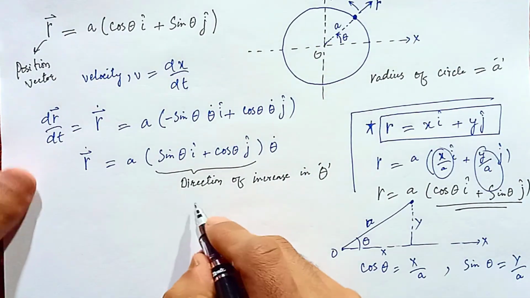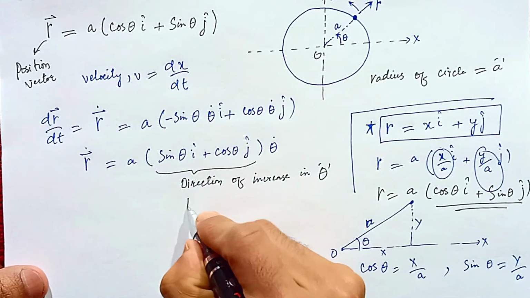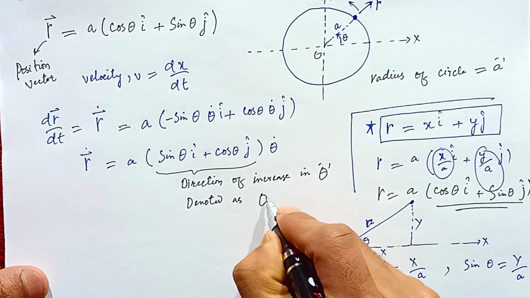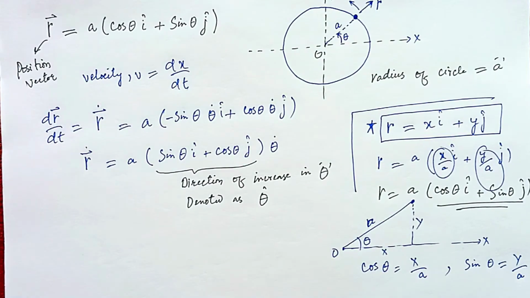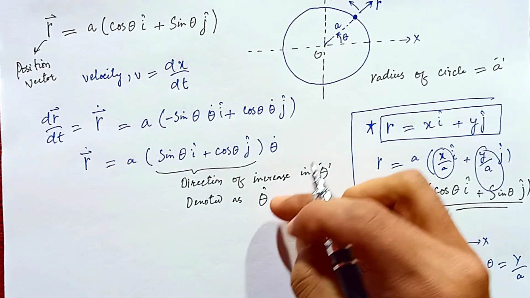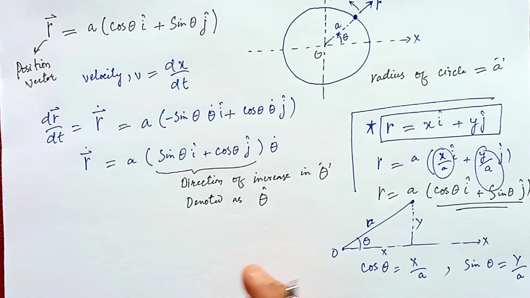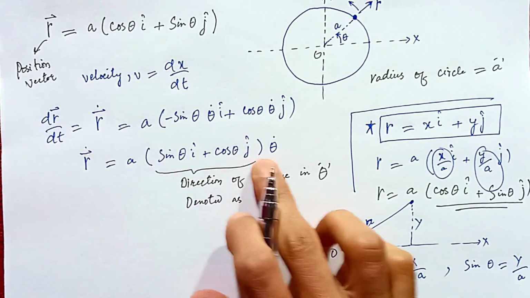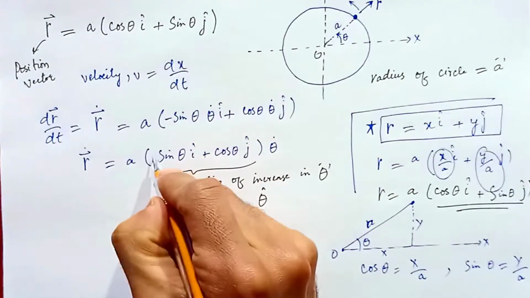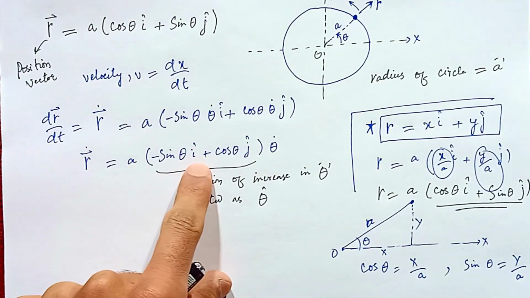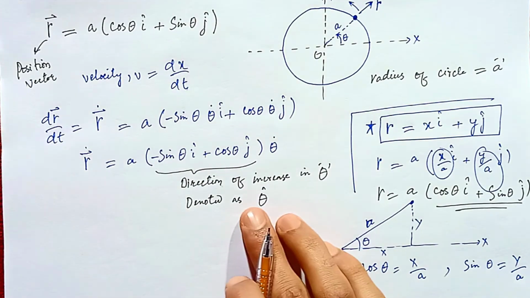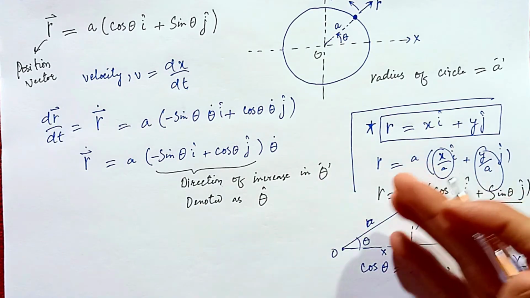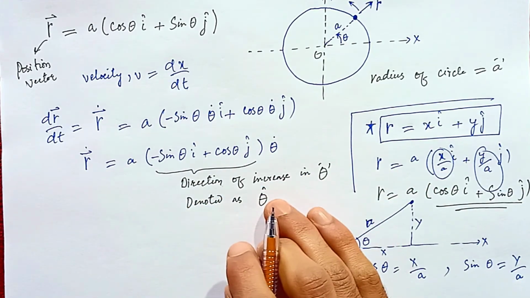So we can surely represent this as the unit vector, like theta dot, theta hat. So this gives the change in the angle theta, this very component, minus times sine of this and plus times cosine of this. This is represented by theta hat.